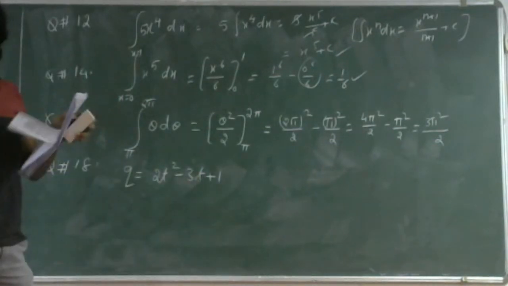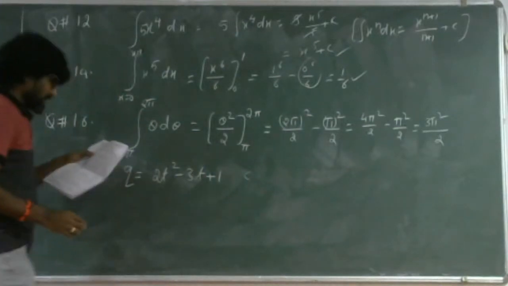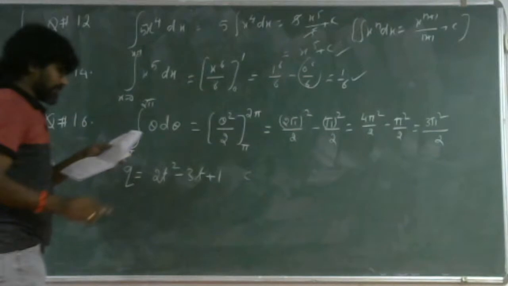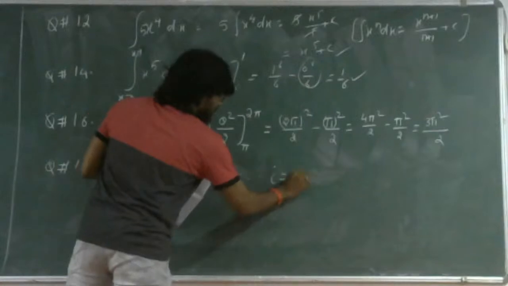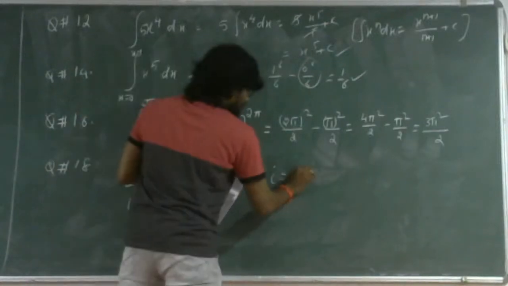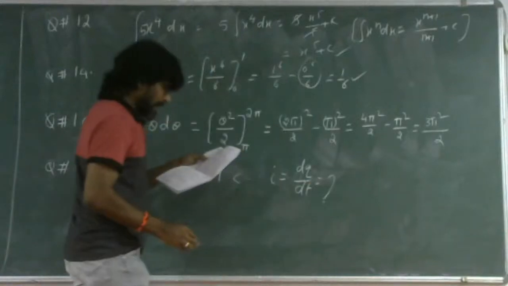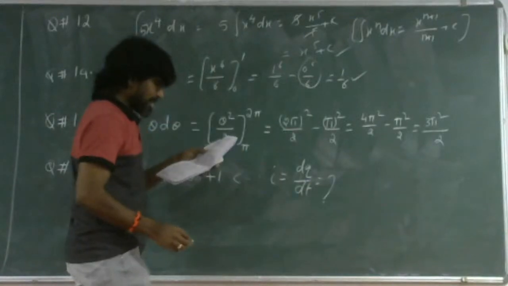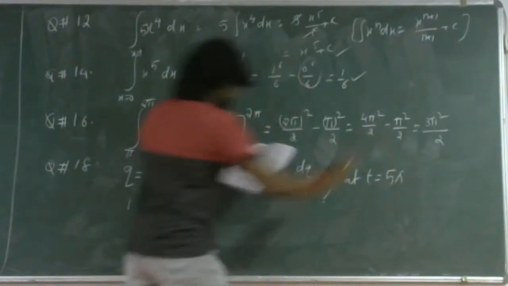Charge is given in Coulomb. Find the current I. Current I is equal to dq by dt at t is equal to 5 seconds.